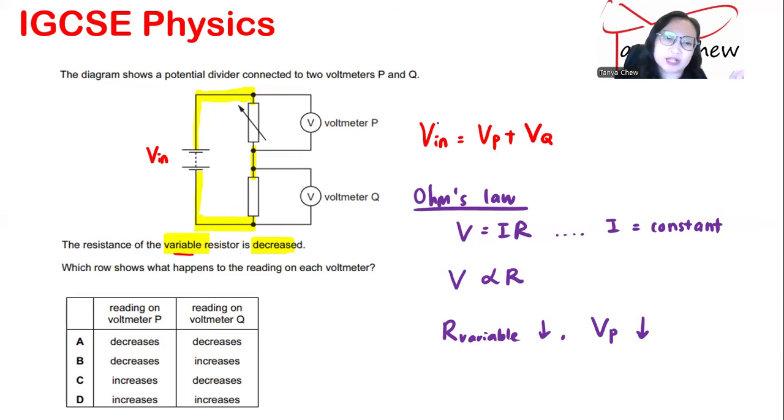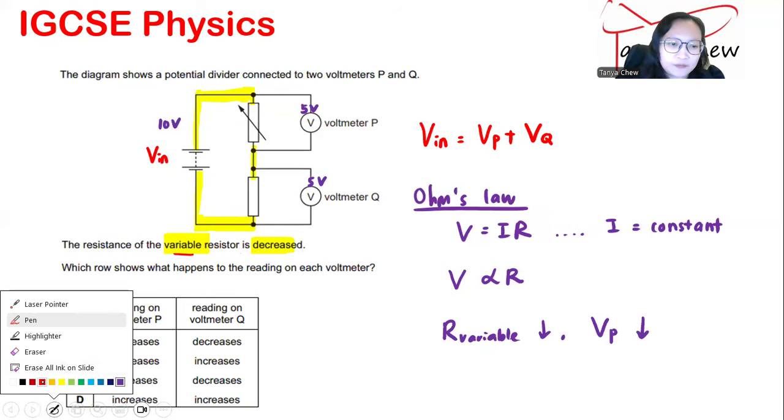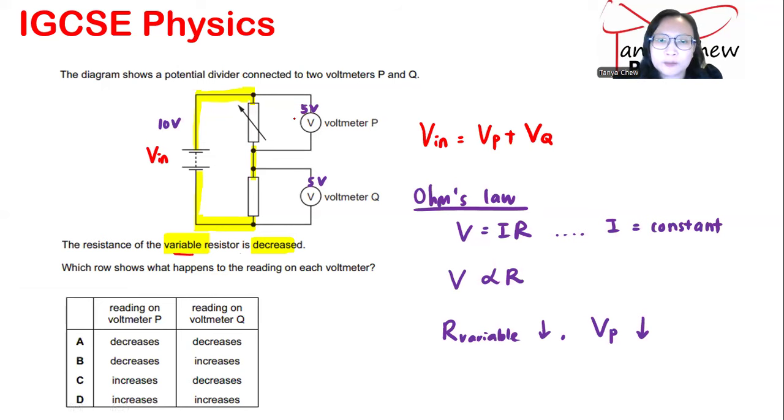Let us put in some values here to make you understand better. Initially, let's say V input is 10 volt. This 10 volt is shared as 5 volt on voltmeter P and 5 volt on voltmeter Q. Now, when the voltage across P decreases, let's say to 2 volt, the total input voltage is still the same because the question did not mention that they changed the power supply.